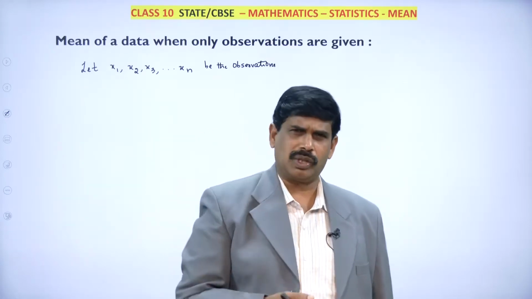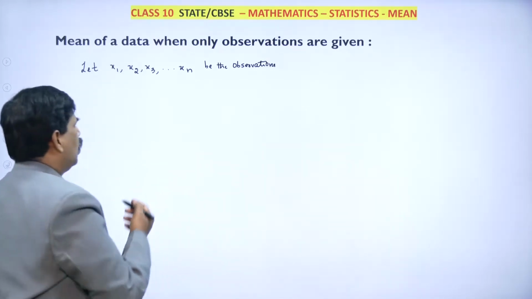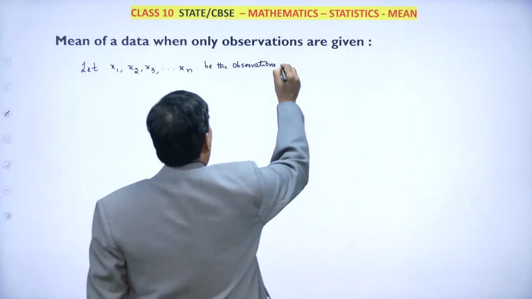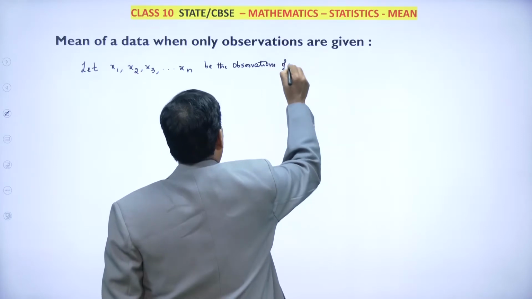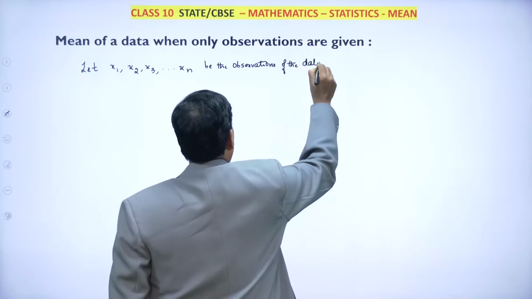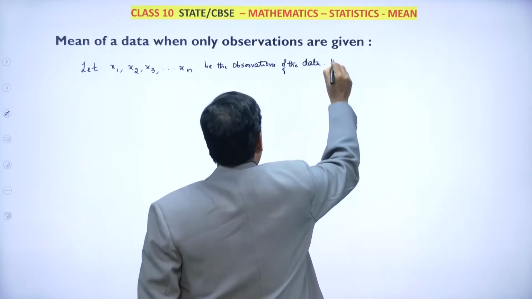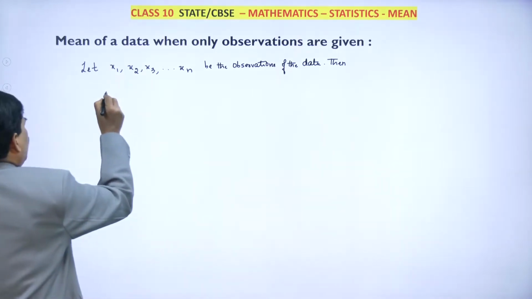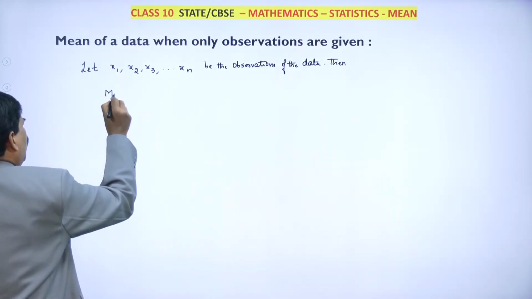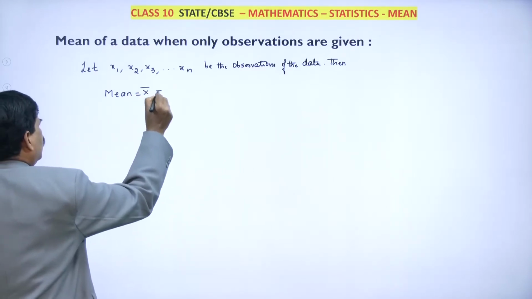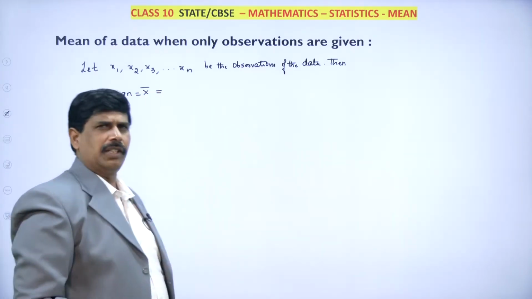Any term can be used. Okay, let x1, x2, x3, so on, xn be the observations of the data, then mean x bar is equal to, see the mean, it is denoted by x bar, children.